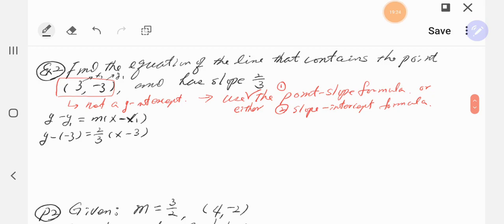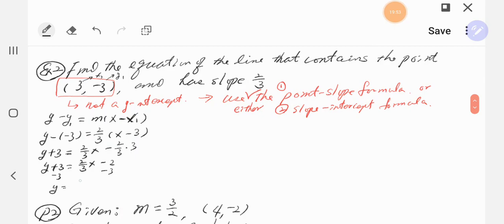Now simplify this so that we can write it as y equals something. So y + 3 = 2/3 x, and then the 3s cancel out, so y + 3 = 2/3 x - 2, and then minus 3 each side.